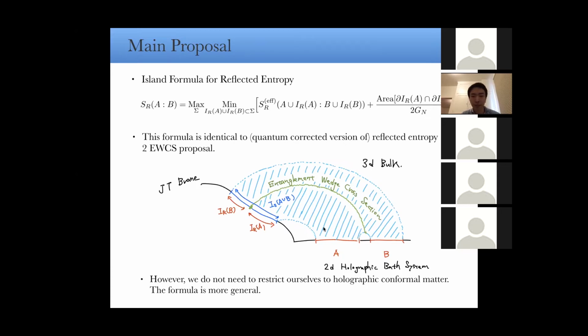Okay. So in this picture, A is a subregion like this, and B is the outside, since the total system is the pure state.